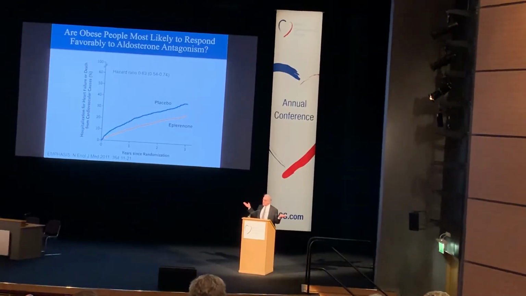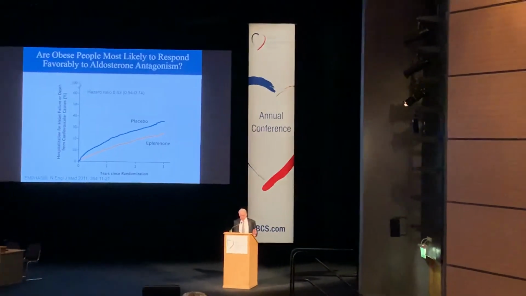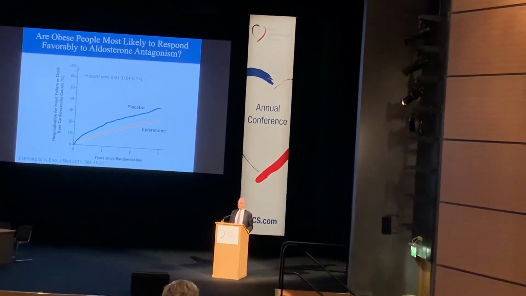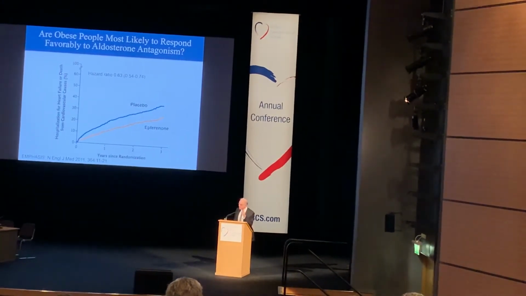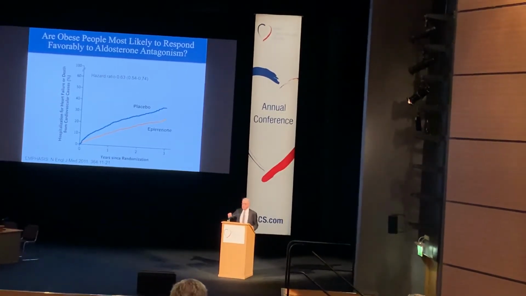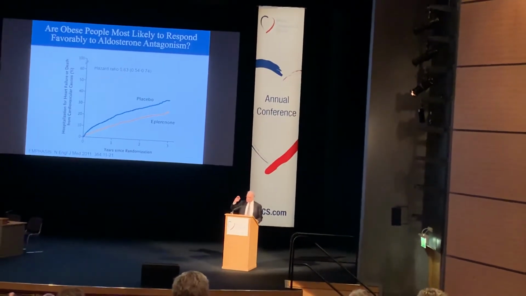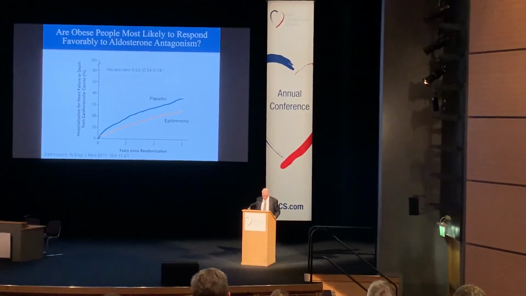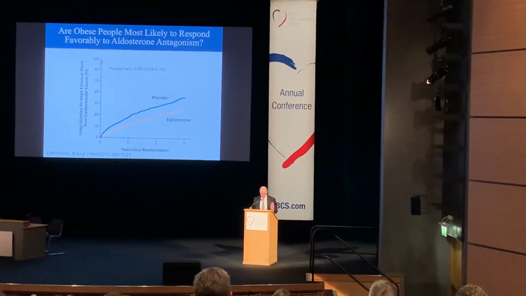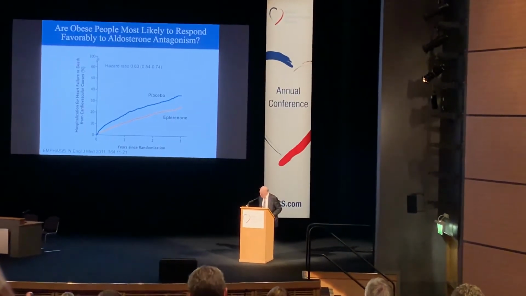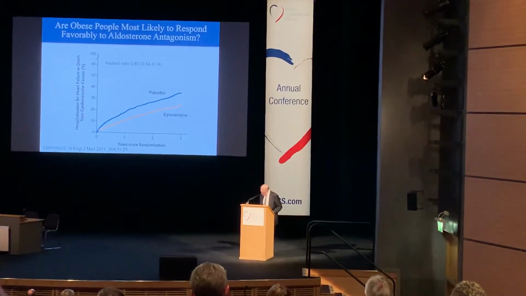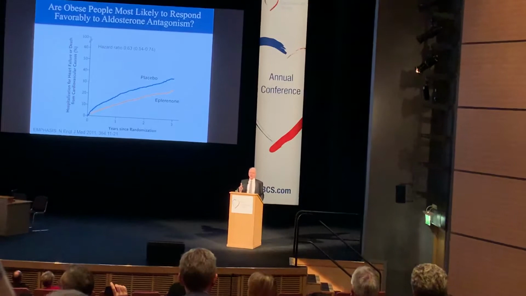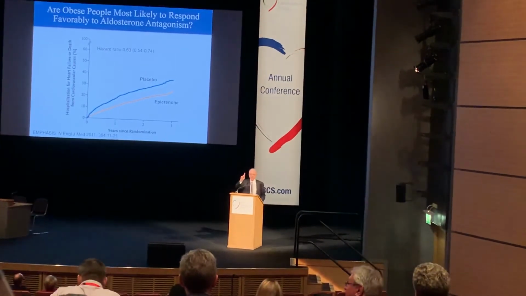You might say, I'm not talking about heart failure with a reduced ejection fraction, but I am talking about obesity. This is the overall effect of eplerenone in the trial. Eplerenone produced a 37% reduction in risk of a serious event, specifically in this case, death, cardiovascular death or hospitalization for heart failure.